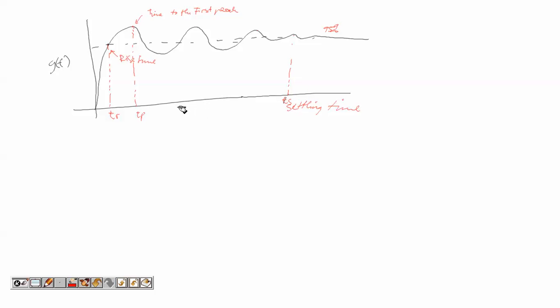Okay, and another term is the overshoot.